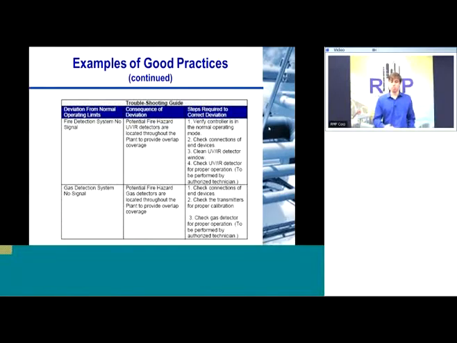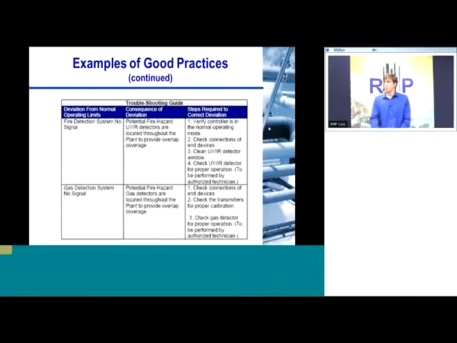Another interesting thing is to check the detector window. Maybe it somehow got dirty, and so it's blocking your detector from its range of vision. So again, consequences of deviation are a really good troubleshooting tool in this sense in order to help operators know, okay, I'm seeing a deviation here. What are the possible causes? What are possible ways to fix it? And again, the end goal of this is to try and maintain your process within its design intent.